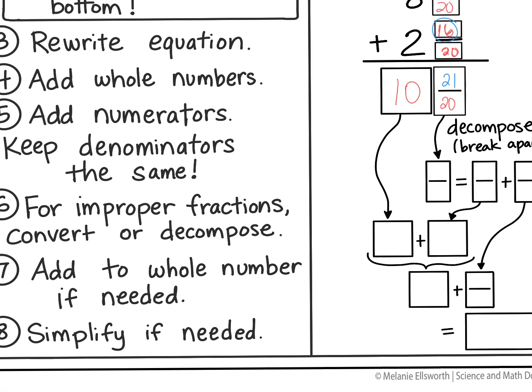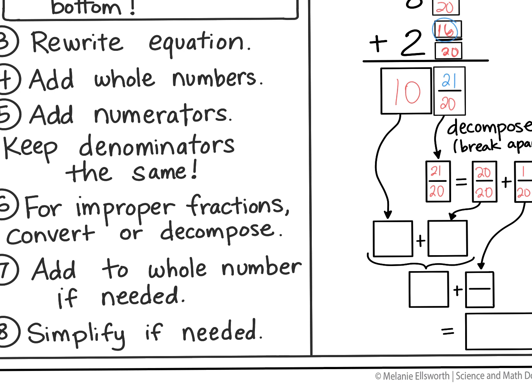So I'm going to break it down, and I'm going to be breaking down 21/20. If I pull out a whole, what does that look like? 20. It looks like 20/20 if I pull out a whole. But I have 1/20 left over, right? I'm showing you how it breaks apart. I'm just showing you so you understand the math behind it. You do not have to do this every time, okay?